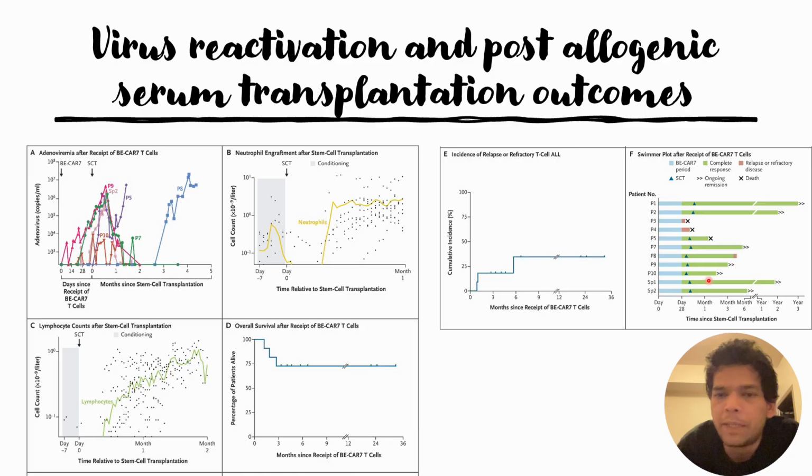It seems to be complete. That can be seen here, and the time period is also mentioned here. So till 1 year or 2 years they do not see a relapse except for these 3 cases.